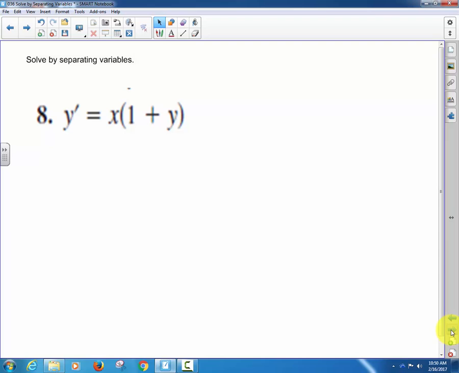And we'll discuss whether we need to go further or not. That's how I would separate my variables.